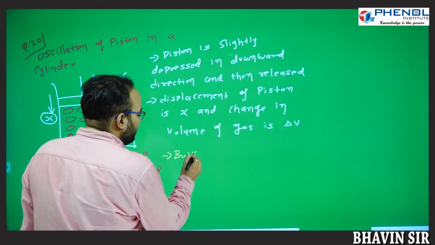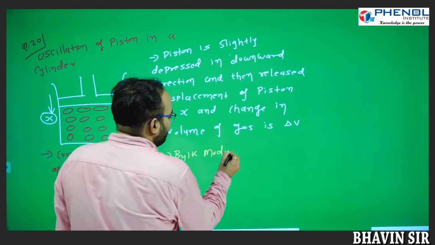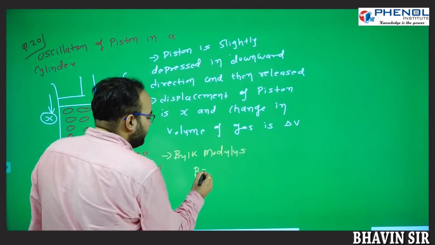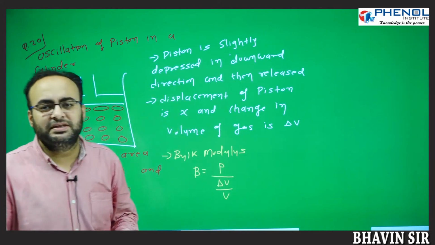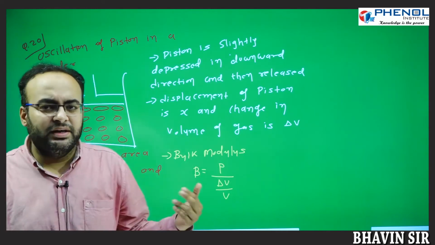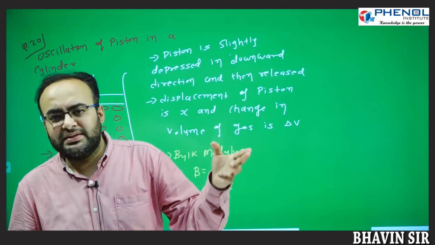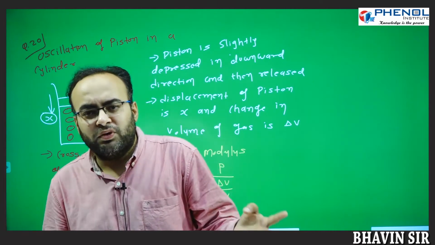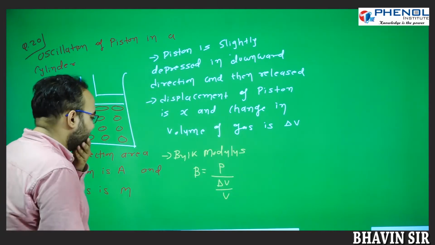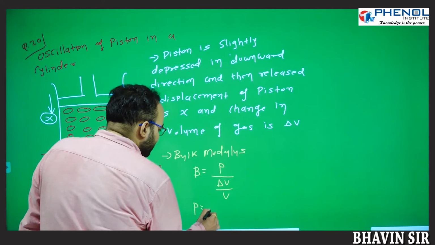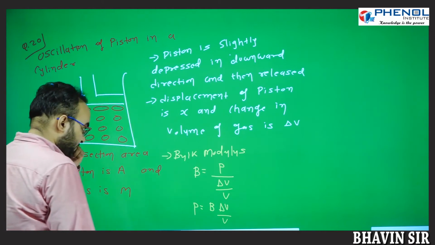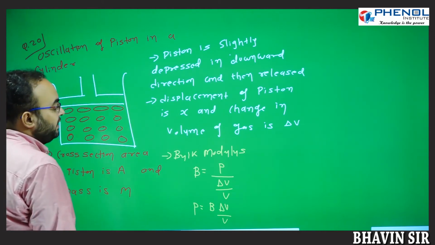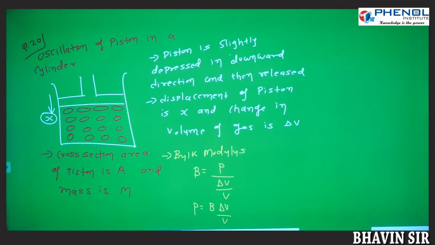So what is the bulk modulus? Remember students, we will look at this formula later. Bulk modulus means P upon delta V by V, where P is the volume stress and delta V by V is the volume strain. So the pressure is B into delta V by V. What is the change in volume?